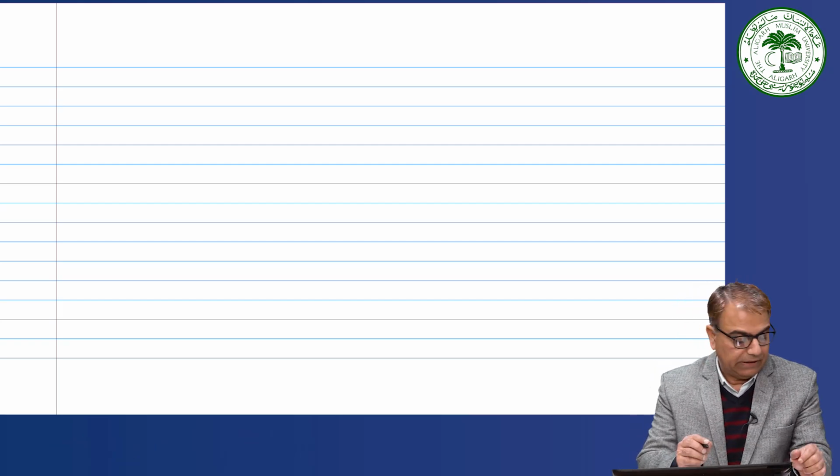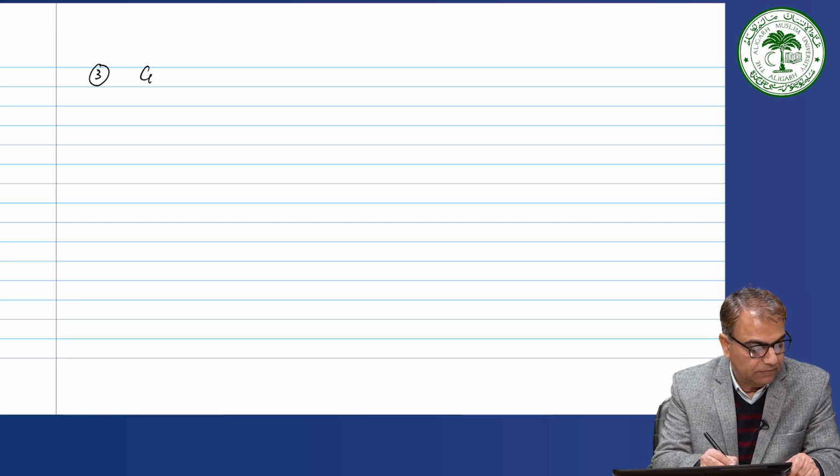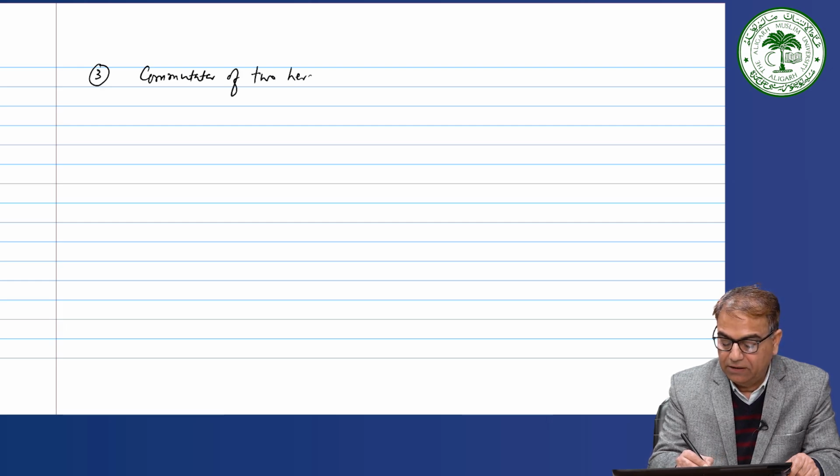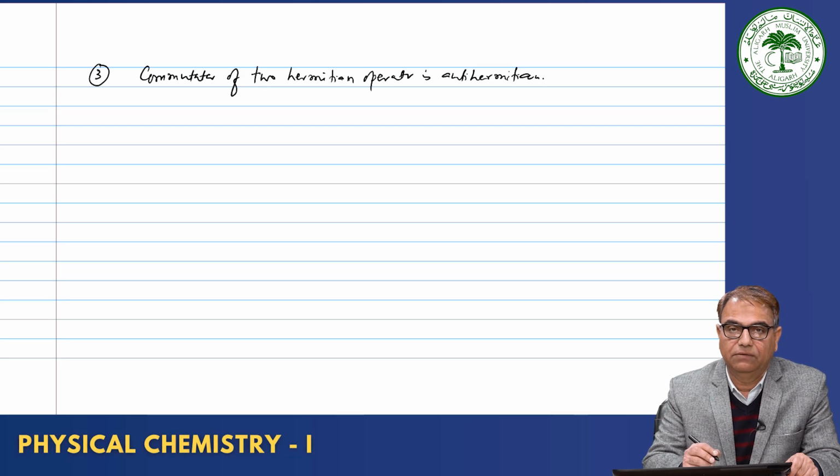Then the third property is that the commutator of two Hermitian operators is anti-Hermitian.